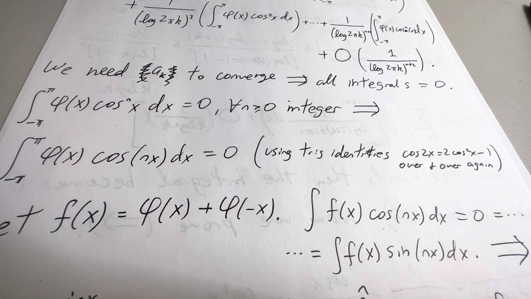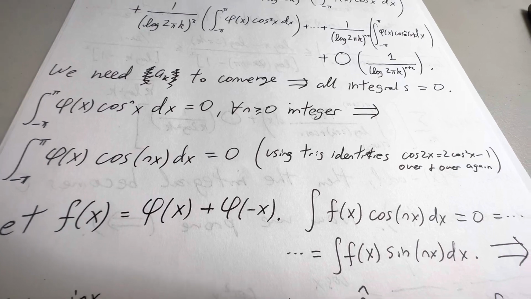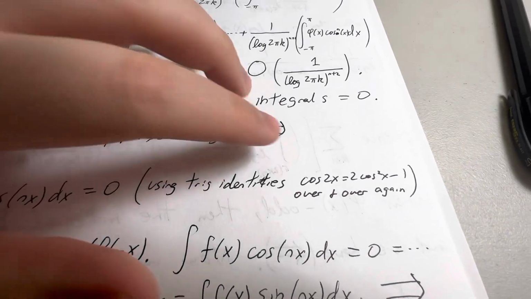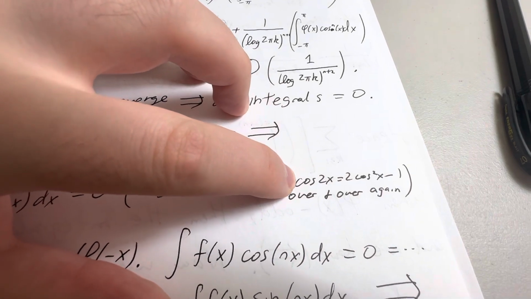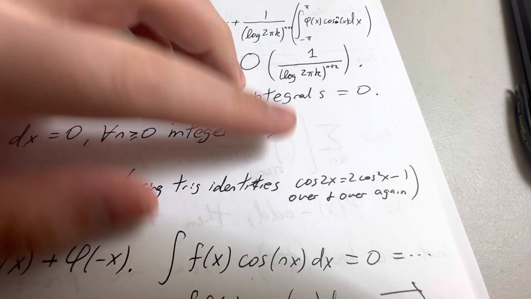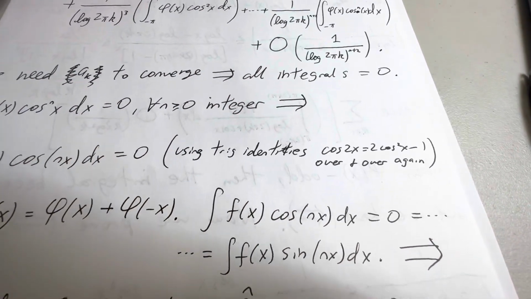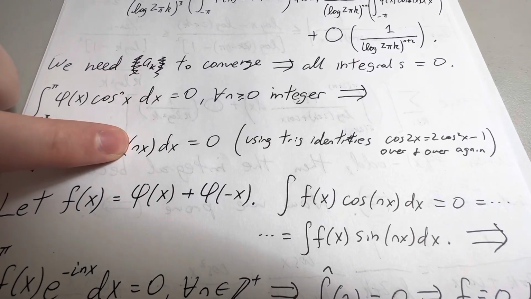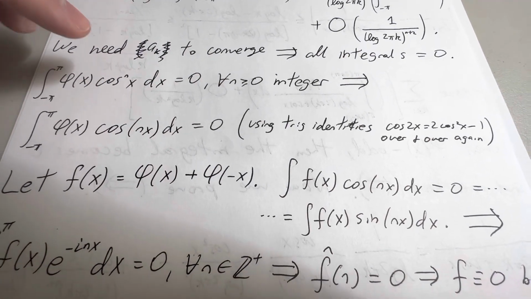You don't actually have to show it, which is what I've written in parentheses over here: using trig identities, specifically cosine 2x equals 2 cosine squared x minus 1. And you can repeat this over and over again as many times as you need to in order to get this n fully inside the cosine.